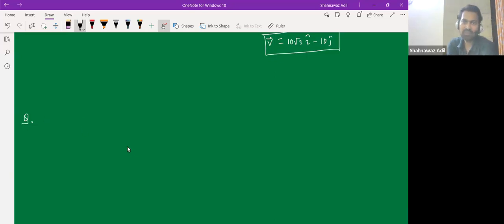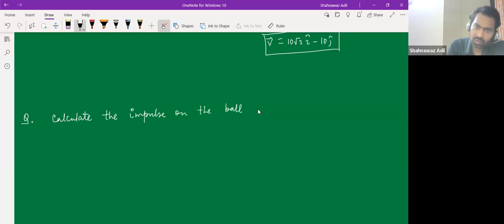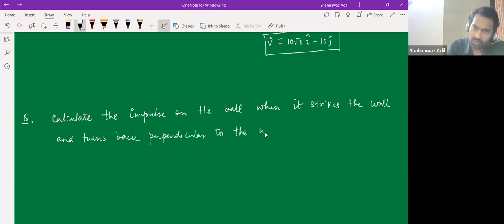So first we have to calculate the impulse on the ball when it strikes the wall and turns back perpendicular to the wall with v velocity. Okay, so this is what we need to calculate.